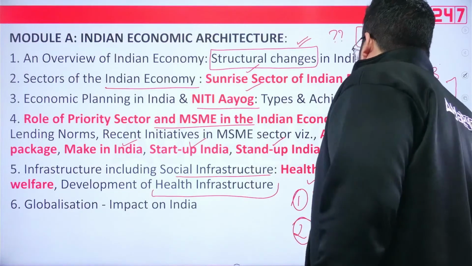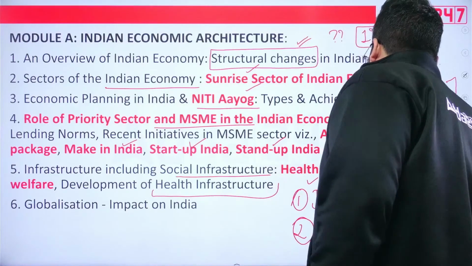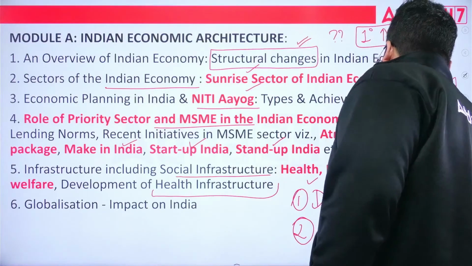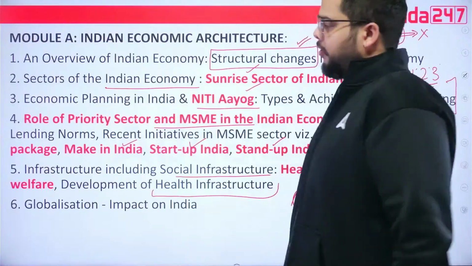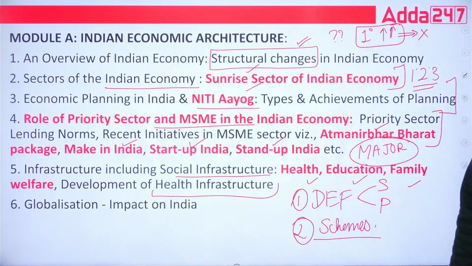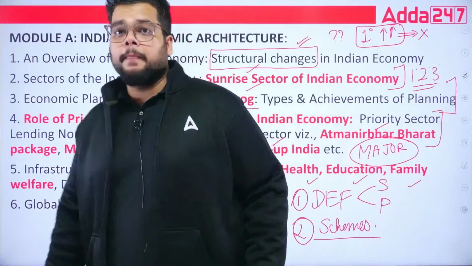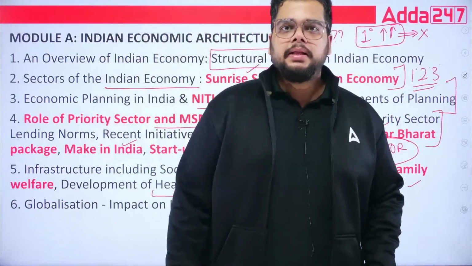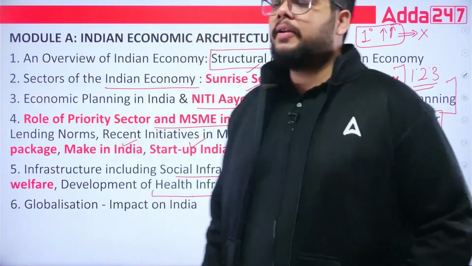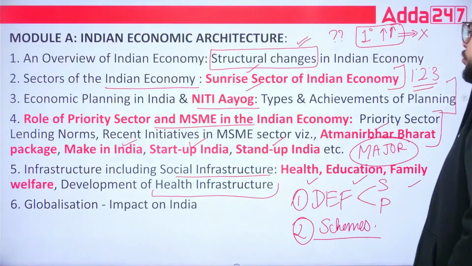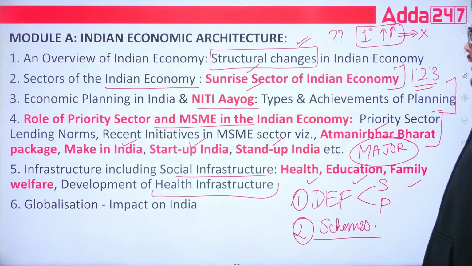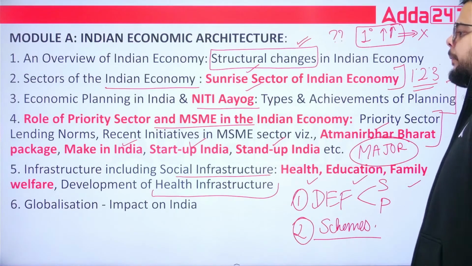Secondly, what all schemes and government initiatives are there, which are very important for our examination, fine. For our country also, you can say, Indian economy is dependent on these schemes. Ultimately the government is providing various packages to the needy people in our country thanks to these schemes only.